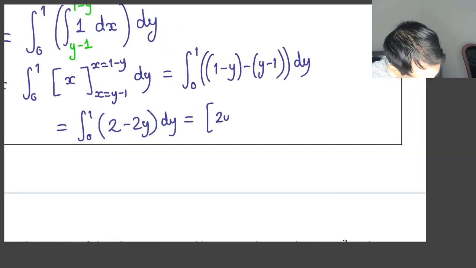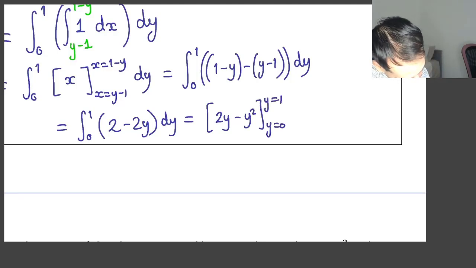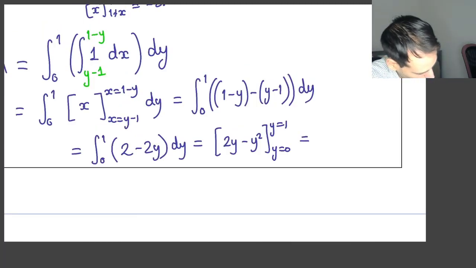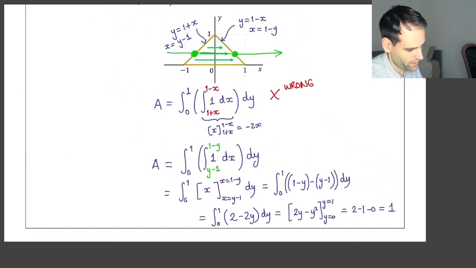So that is 2y minus y squared between y equals 0 and y equals 1. So this is equal to 2 minus 1 minus 0, which is 1, which is equal to the area of this triangle. Okay?